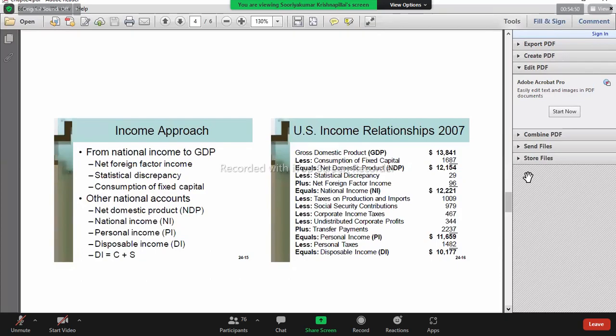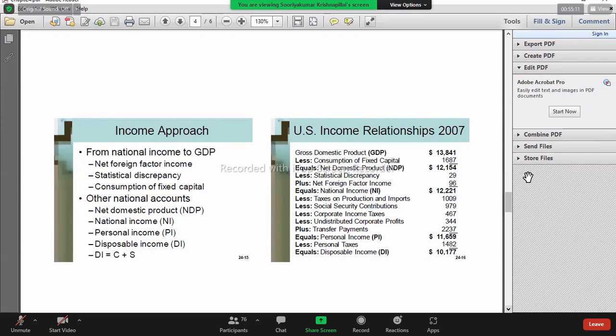Then from the personal income, we deduct the personal income tax, then we will get disposable income. That is the income households get.